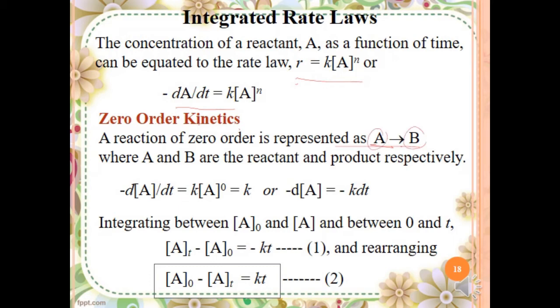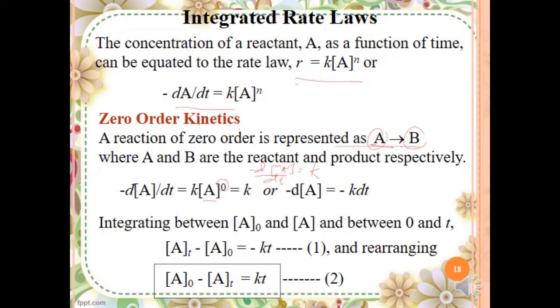So we write the rate law: negative d[A]/dt equals k[A]^0, which is zero order. Because [A] to the power 0 is equivalent to 1, we get k. So we get negative d[A]/dt equals k.